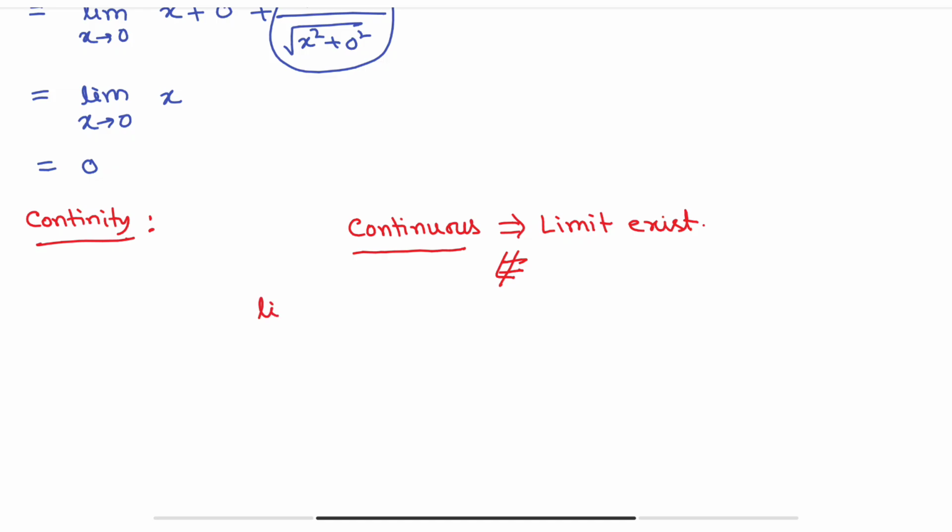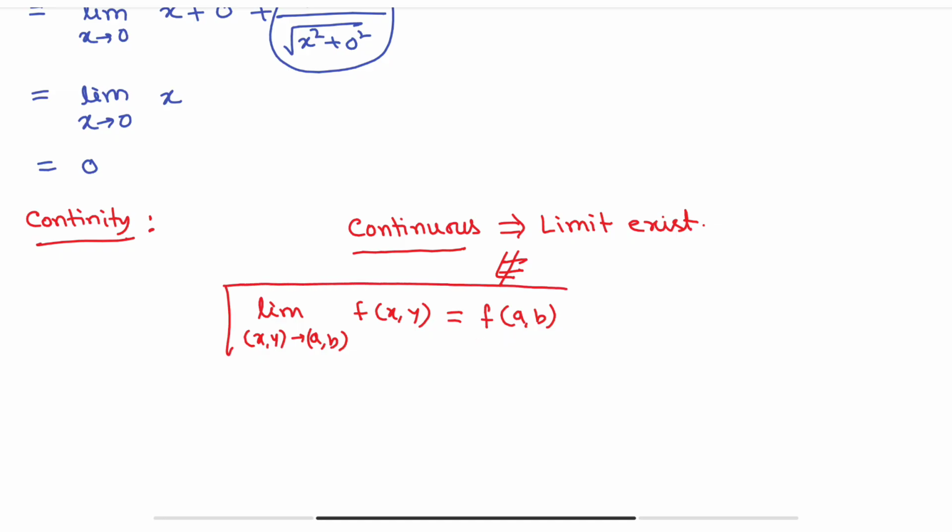That means the limit as (x, y) tends to (a, b) of f(x, y), this is the limiting value, and this is equal to f(a, b). f(a, b) is the functional value at the point (a, b), and the limit as (x, y) tends to (a, b) of f(x, y) is the limiting value.